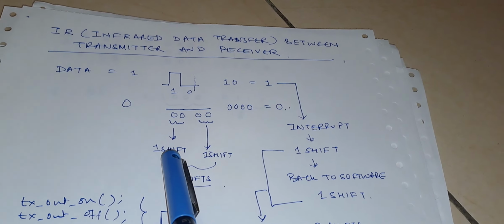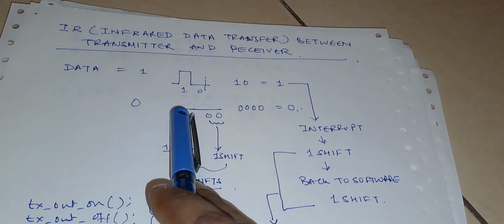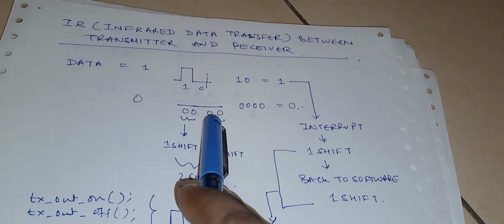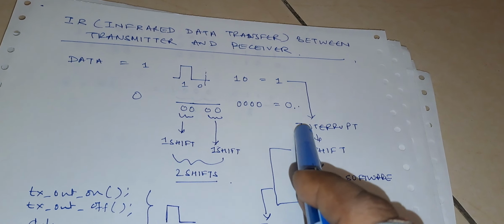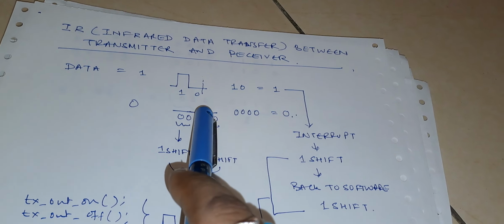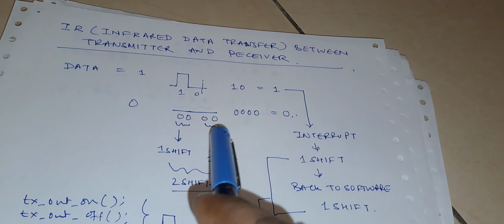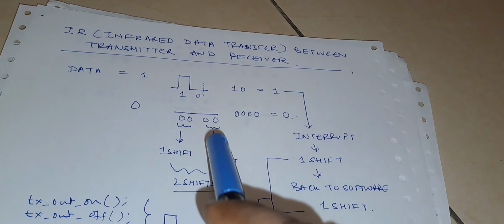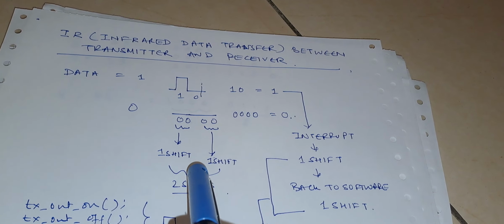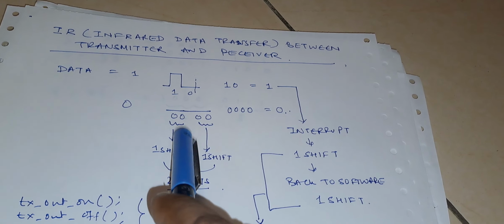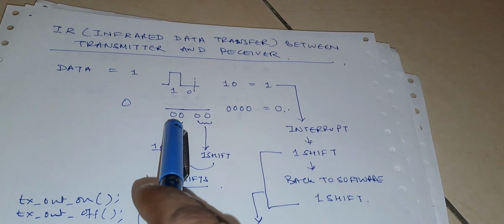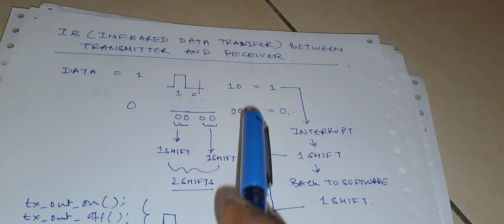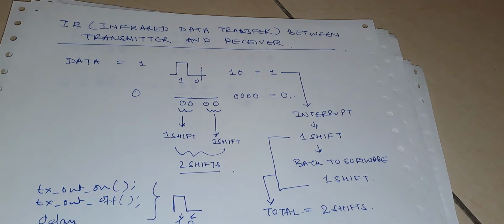But when there is no signal, we need to maintain the time and we need to maintain two shifts: one shift for the 1 and one shift for the 0. That's why we are sending two zeros, like 0-0. Okay, so I am going to show it in the software now.